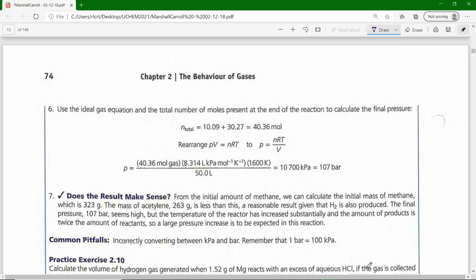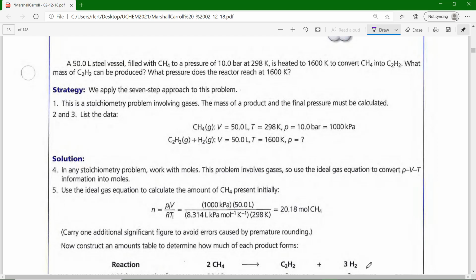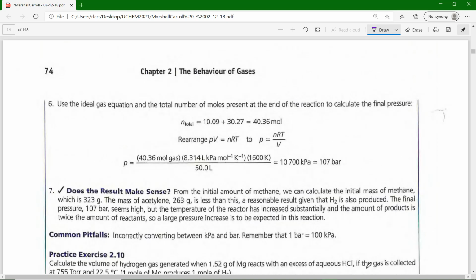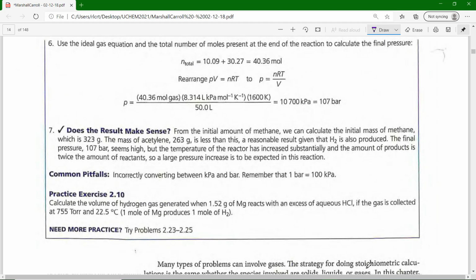What was the pressure at the beginning? 10 bar. Yeah, so it makes sense that the pressure would go up. I got more gas and I'm at a higher temperature. Okay. Temperature of the reactor is increased substantially and the amounts of products is twice the amounts of reactants. So a large pressure increase is to be expected in this reaction.